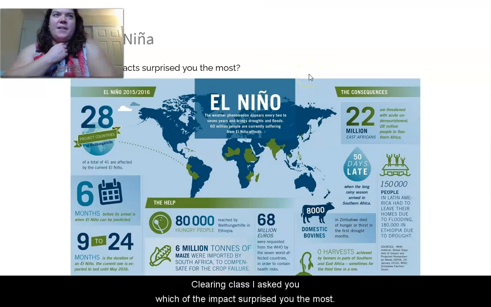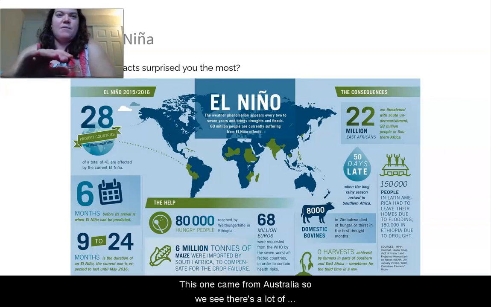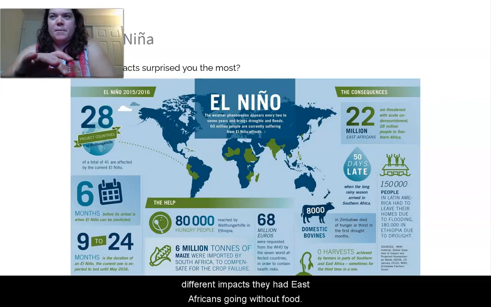So, if we were in class, I would ask you which of the impacts surprised you the most. This one came from Australia, so we see there's a lot of different impacts. We had East Africans going without food. The rainy season in southern Africa was 50 days late. A lot of people in Latin America had to be relocated because of flooding, but in Ethiopia there was drought.